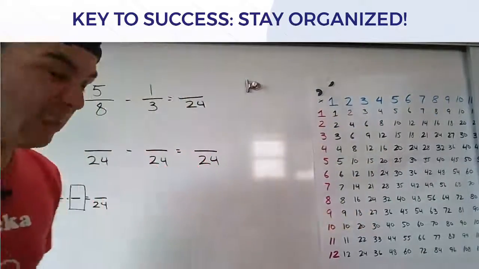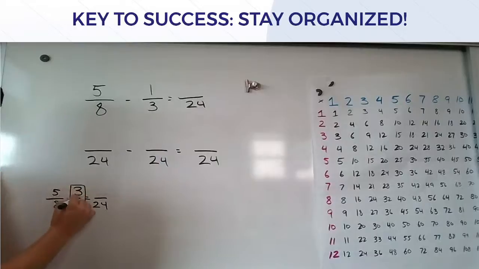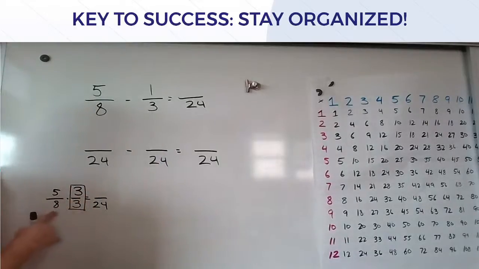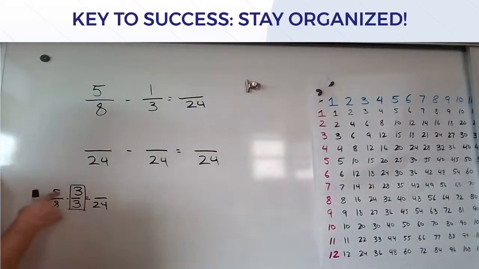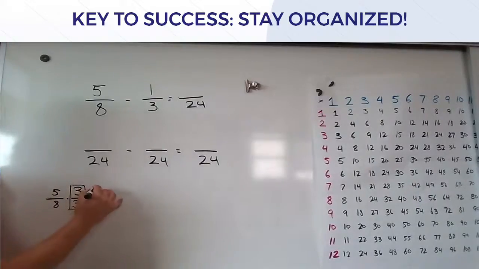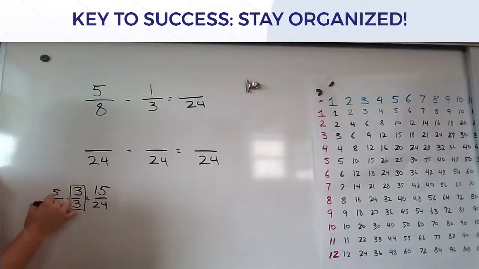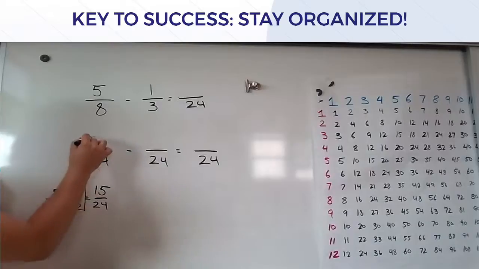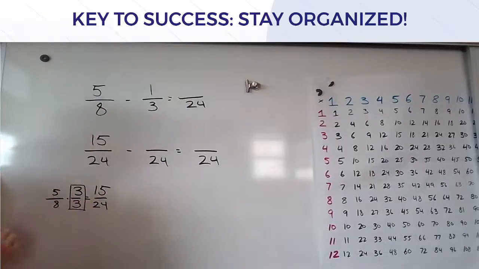So I'm going to use that 3/3 equivalent of 1. 8 times 3 is 24. 5 times 3, 15. So that means 5/8 is equivalent to 15 24ths.